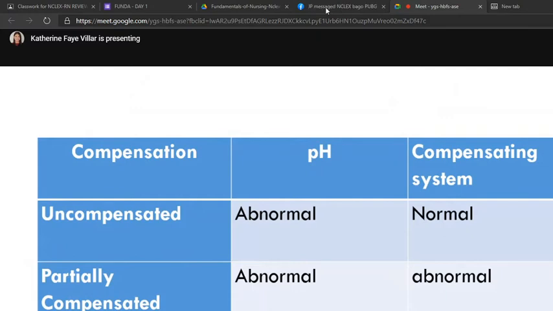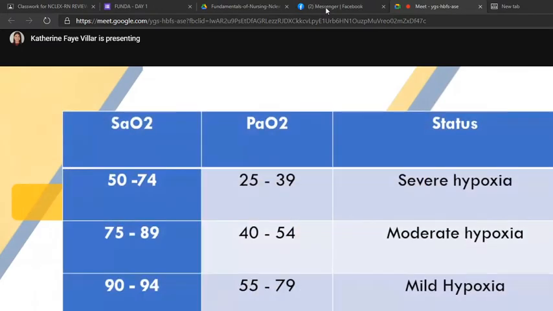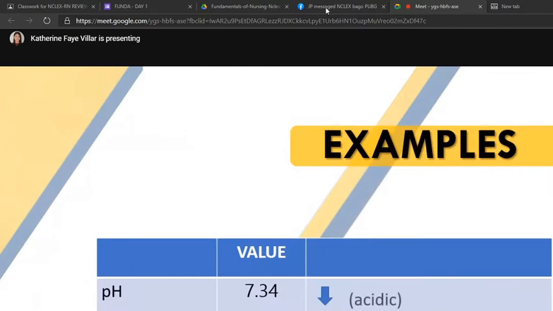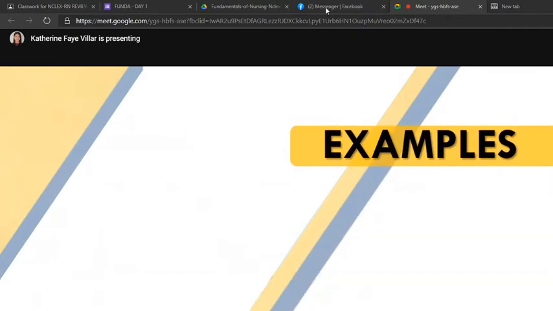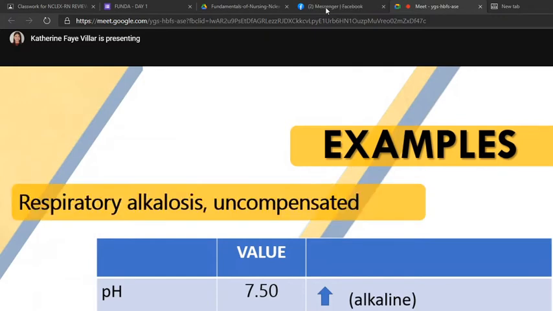Okay? So, in this example, alkaline, alkaline, and anong interpretation po natin dito? Respiratory alkalosis, and uncompensated. Okay?